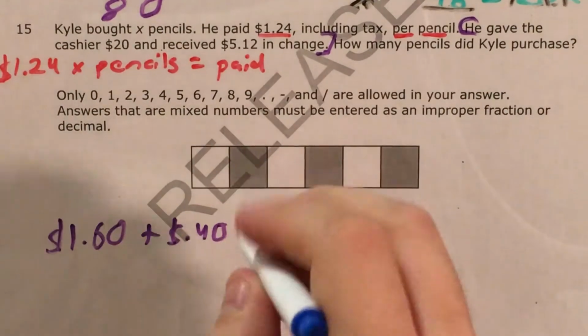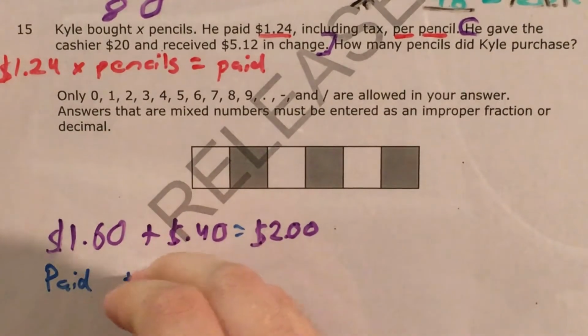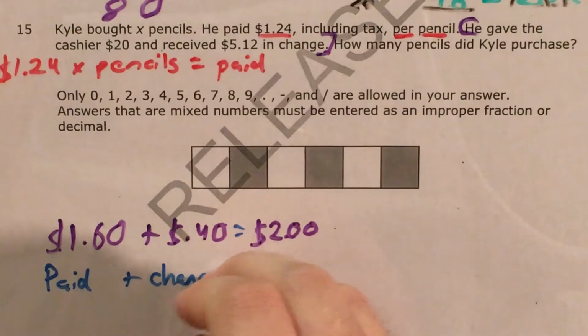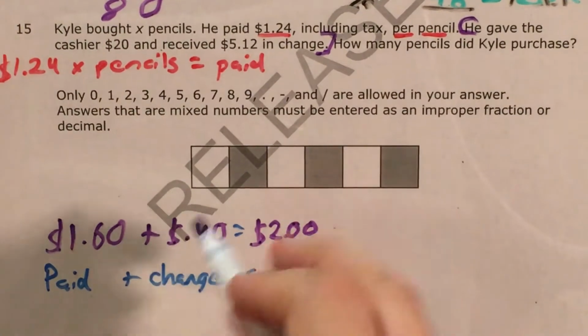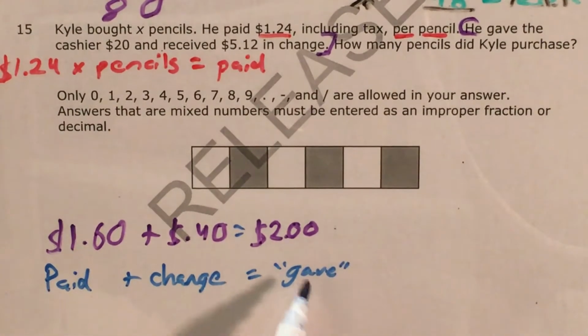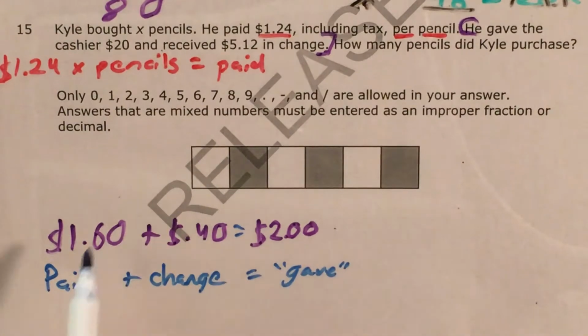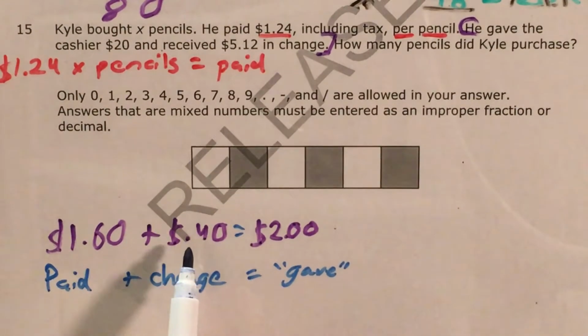So to put this in words, the amount that I paid plus the change that I'm going to get has to equal how much money I gave the cashier.